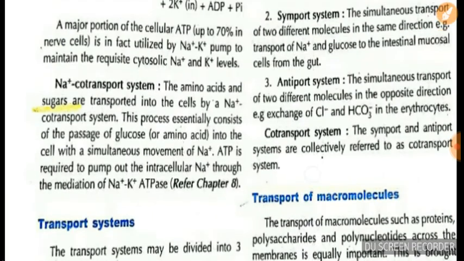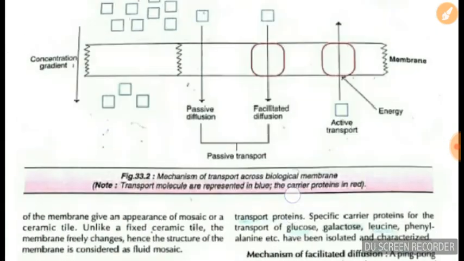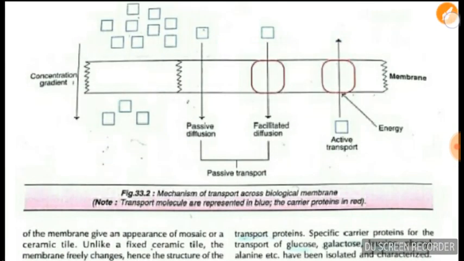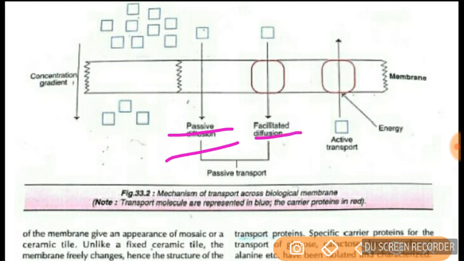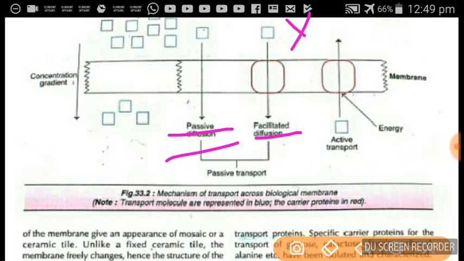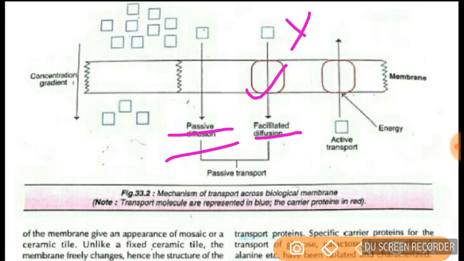So let us revise what is important in this video once again. In passive diffusion, no energy is needed, no carrier protein is needed, only simple diffusion carries on. In facilitated diffusion, no energy is needed and a carrier protein is needed. In active transport, what happens?